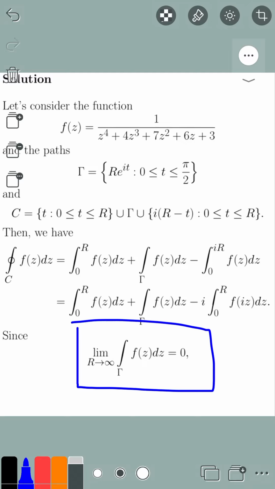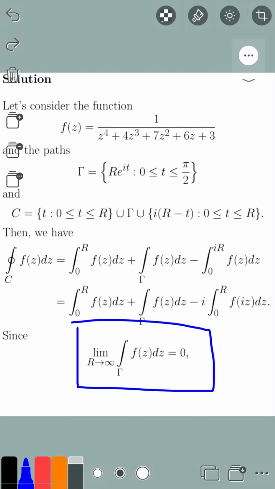Notice that the limit as R approaches infinity of the integral of f of z dz along the quarter circle arc gamma is 0, because for any rational function with the degree of the numerator at least 2 degrees smaller than the degree of the denominator, the limit as R approaches infinity of the integral of f of z dz along the arc gamma is equal to 0.